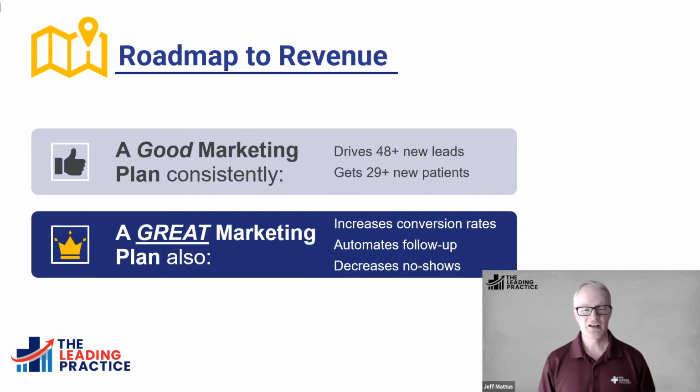A great marketing company is going to have automatic follow-up with all of your patients, with all of your leads, to make sure that not just 48 new leads come in, but let's drive that number even higher. And then also, what are they going to do to decrease no-shows? A little bit later in our program, we're going to see how important just one patient visit is.